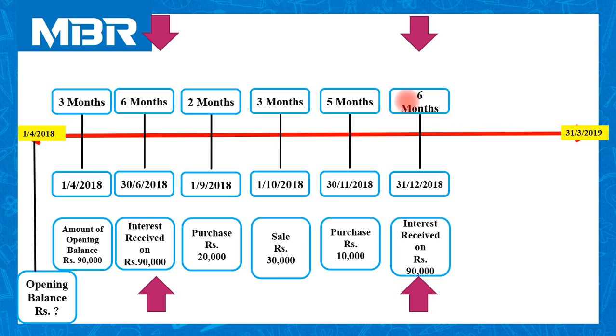Here we need to calculate the amount of investment held on December 31st. So on June 30 it was of rupees 90,000. Then we have purchased for rupees 20,000. So 90,000 plus 20,000 equals to 1,10,000. Then we have sold security worth rupees 30,000. 110 minus 30 is equal to 80.